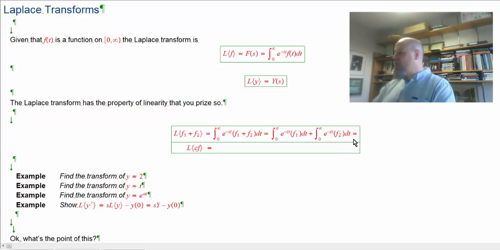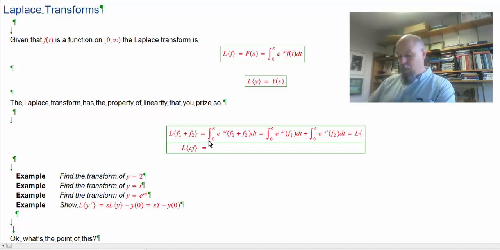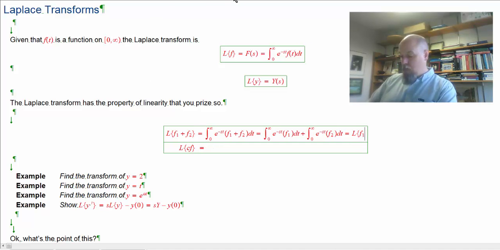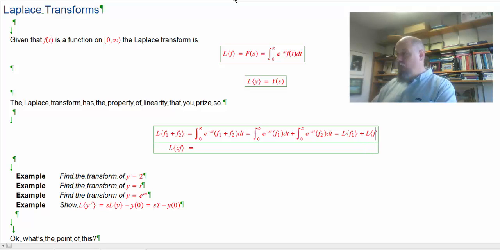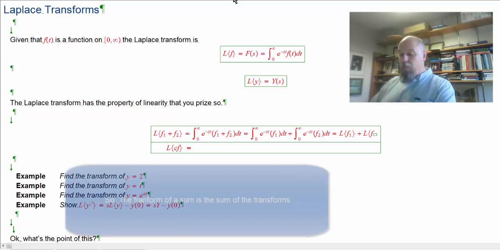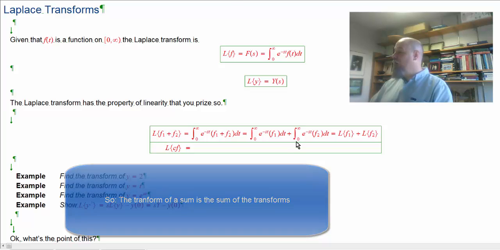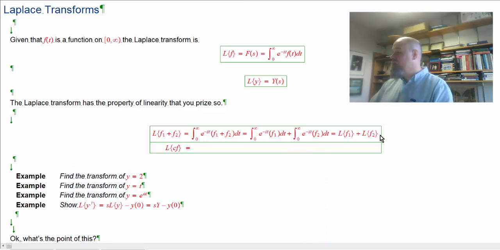That's then going to be the transform of function 1 plus the transform of function 2. So that sort of works just like you think it would work. If I take the transform of a sum, it's the sum of the transforms.